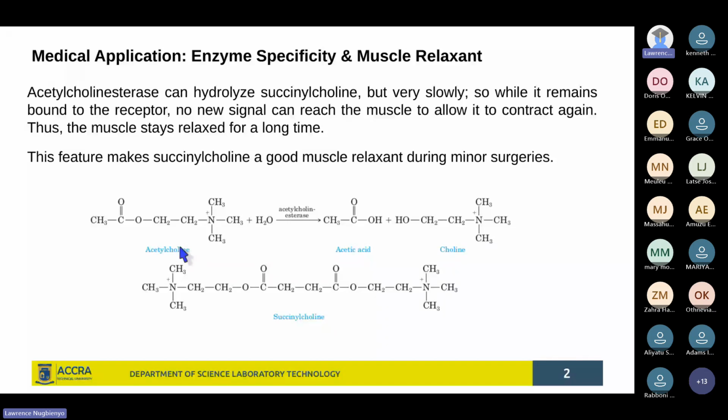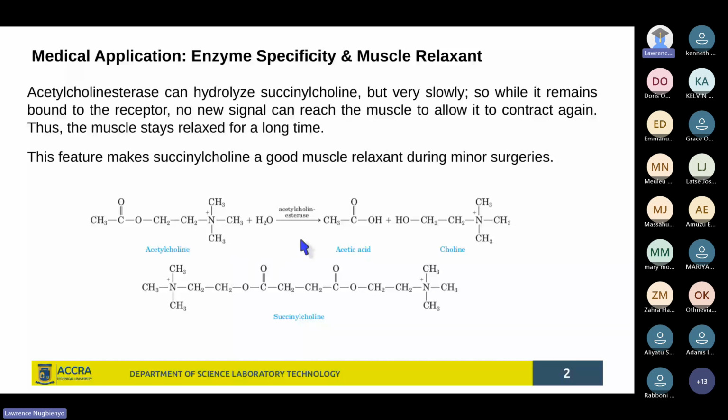So there is that contraction, relaxation process, which is being induced by acetylcholine as the signaling molecule.